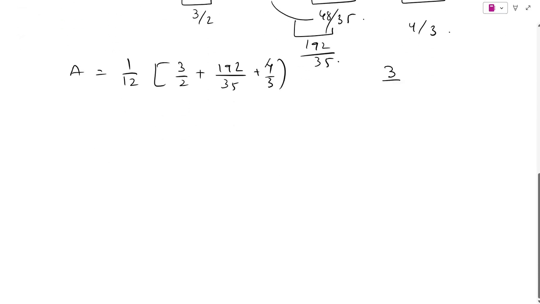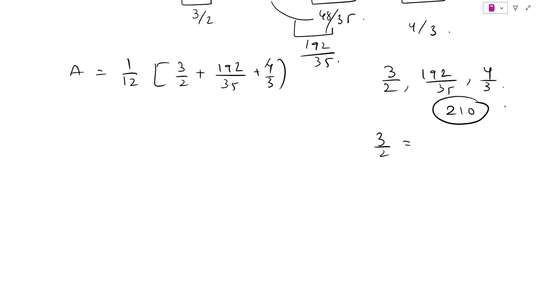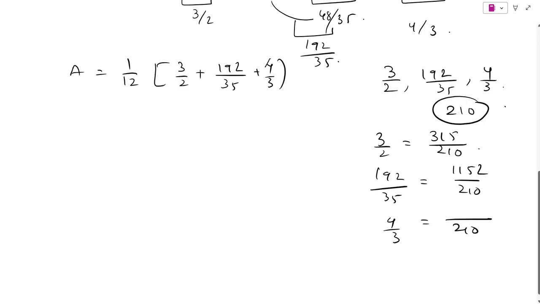Look, 3/2, 192/35 and 4/3. Take the LCM of 2, 35 and 3, which is 210. So now 3/2 becomes 315/210, 192/35 becomes 1152/210, and 4/3 becomes 280/210.